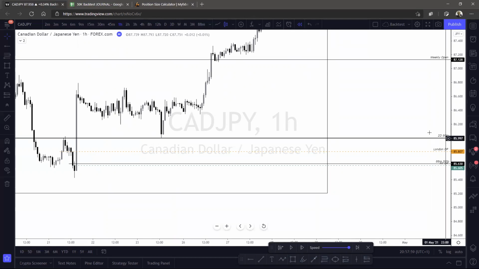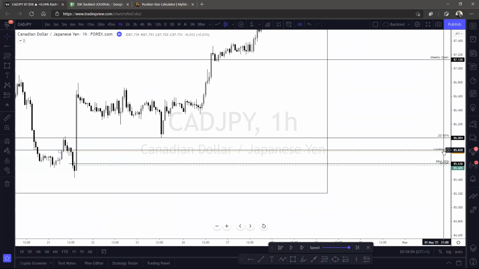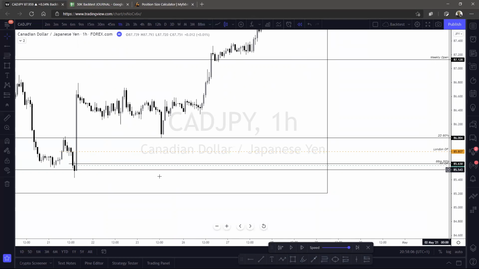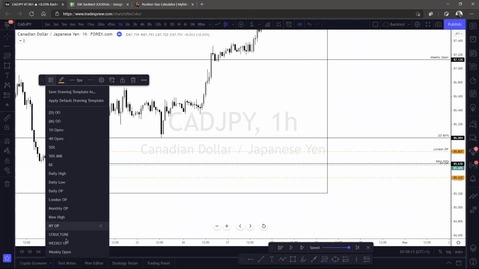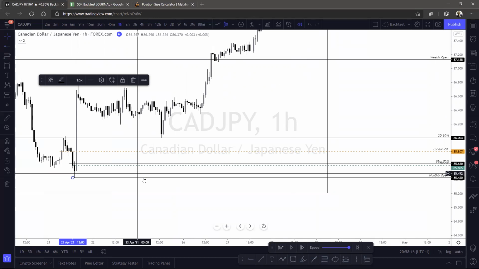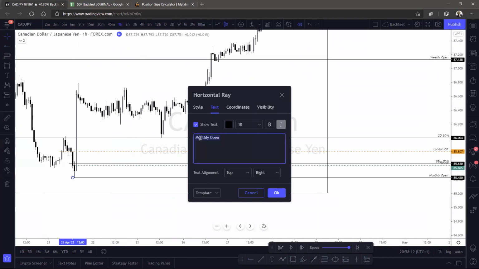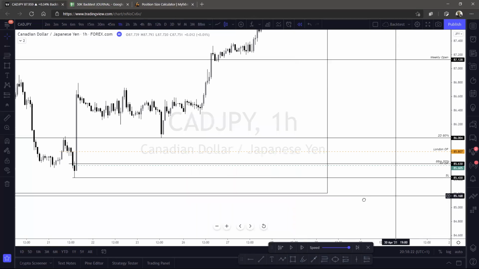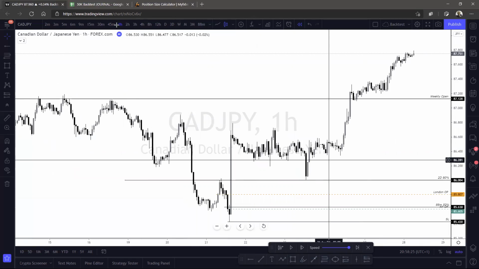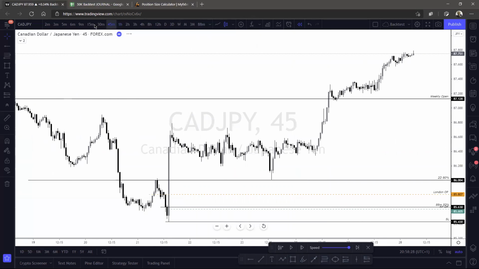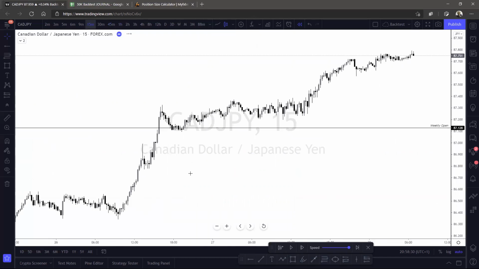We will be buying below the 2 day 80% and below London Open around somewhere here with stop loss at the end of that. Stop loss 430. Okay, let's also look for some sort of imbalance within that, if there is any.